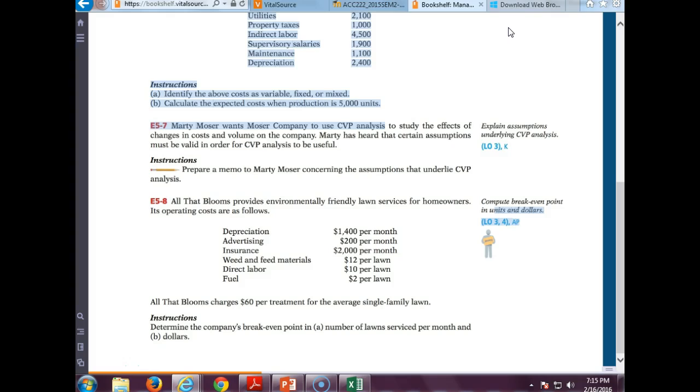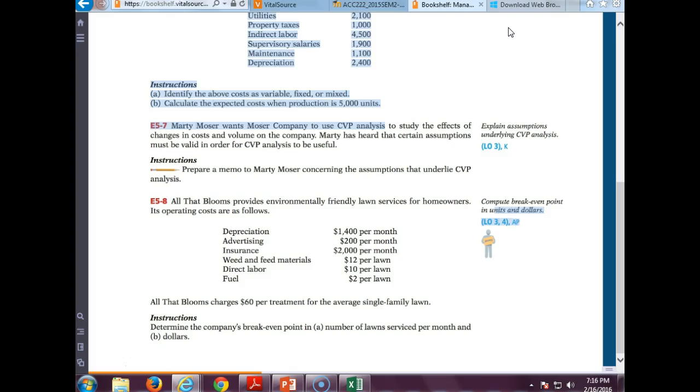Depreciation, $1,400 a month. Advertising, $200 a month. Insurance, $2,000 per month. Weed and feed, $12 per lawn. What is that going to be? Variable. Direct labor, $10 per lawn. Fuel, $2 per lawn. All That Bloom charges $60 per treatment for the average single-family lawn. Determine the company's break-even point in number of lawns serviced per month and dollars.